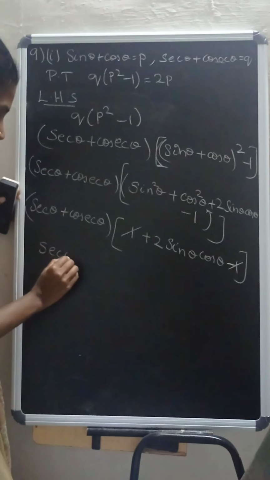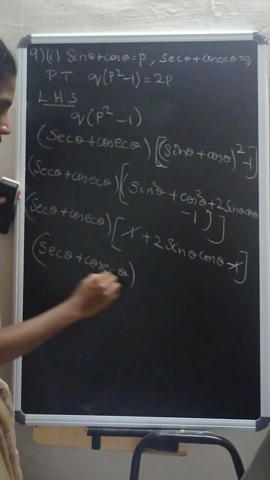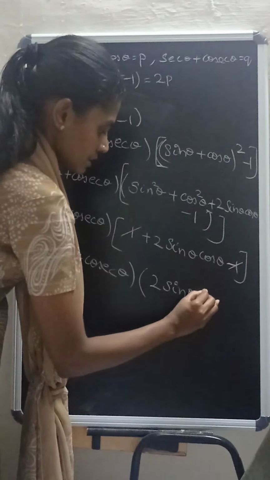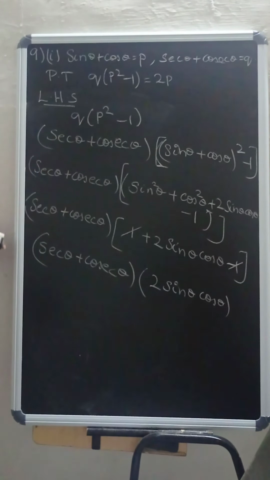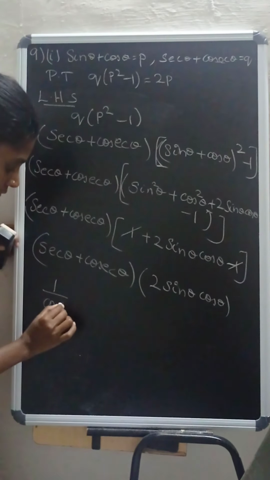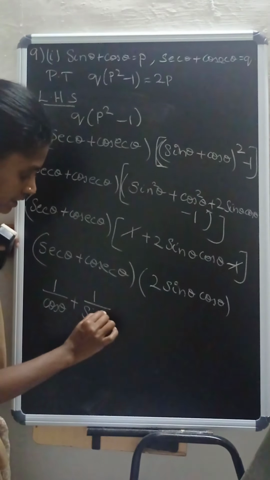You will get secant theta plus cosecant theta into 2 sin theta cos theta. Now, instead of secant theta and cosecant theta, we will write 1 by cos theta plus 1 by sin theta.